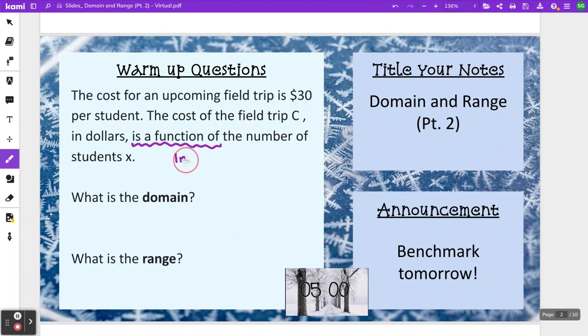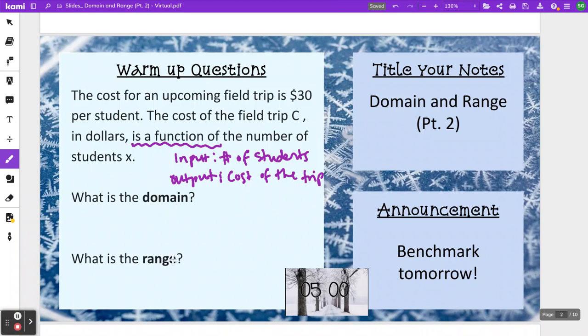So that must mean for this situation here, our input is going to be the number of students, and the output is going to be the cost of the field trip. I'm just going to write trip here.